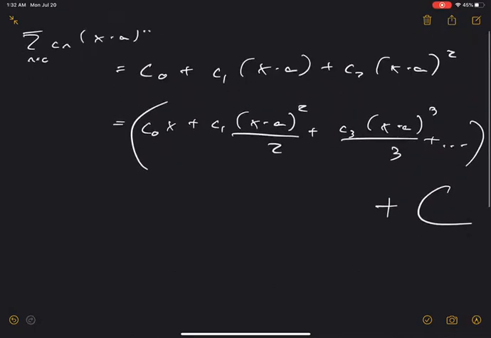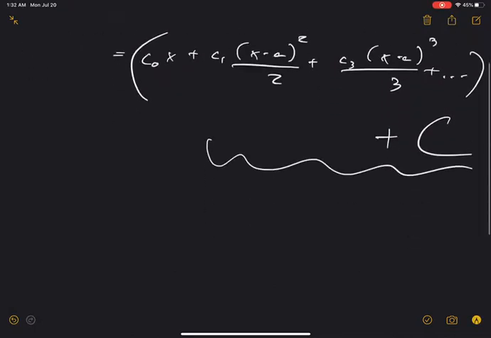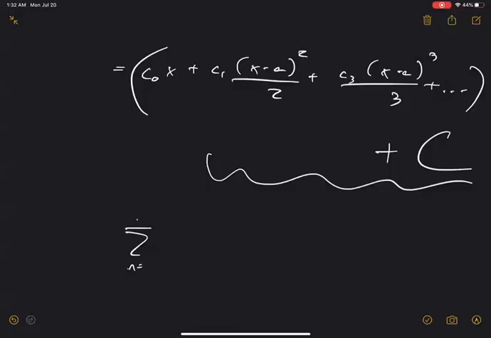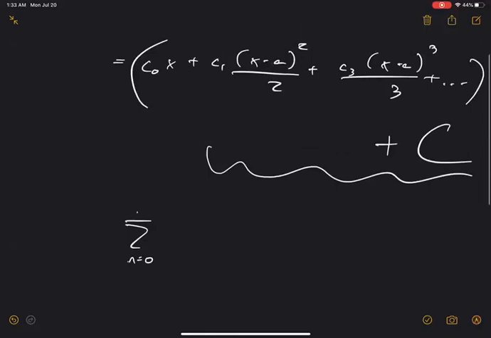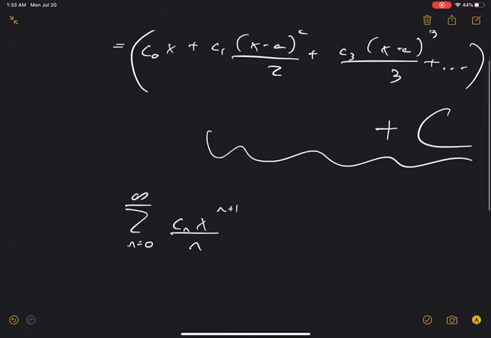So how can we rewrite all this? Well, that is the same thing as the series starting at 0: the sum of c sub n times x to the n plus 1 over n plus 1. And that makes sense.